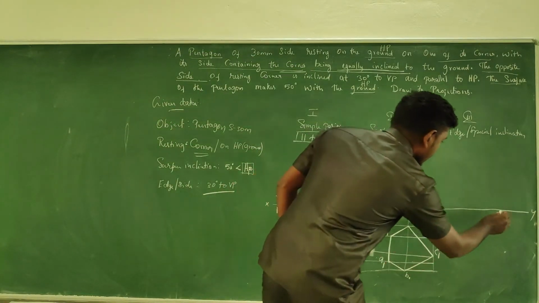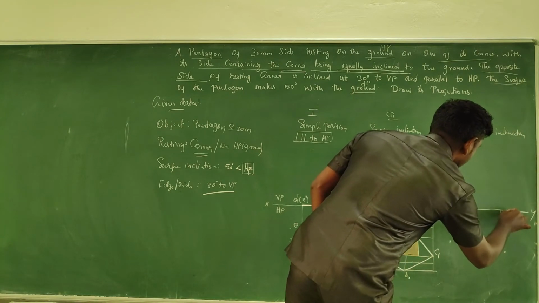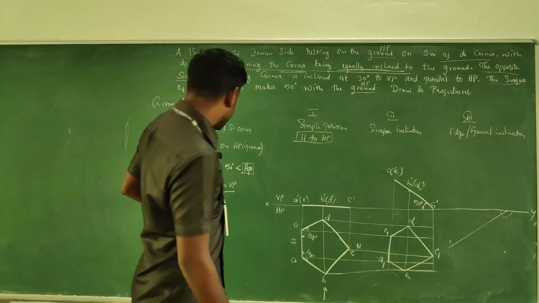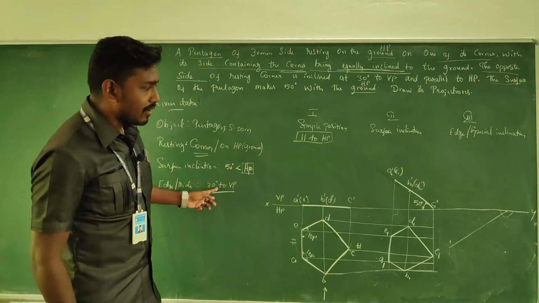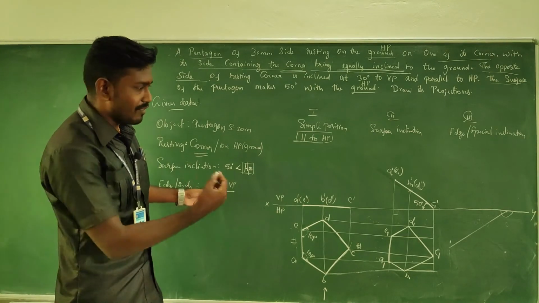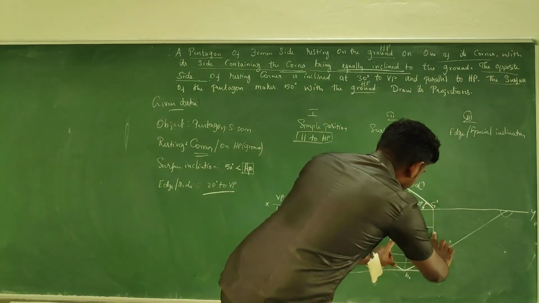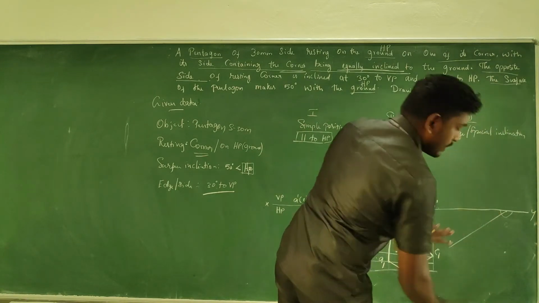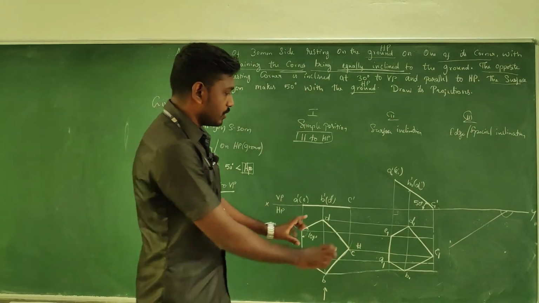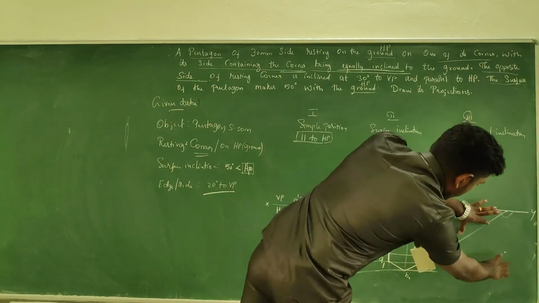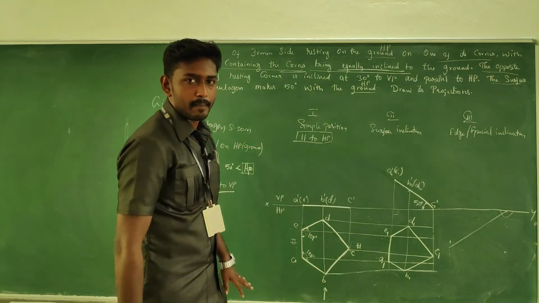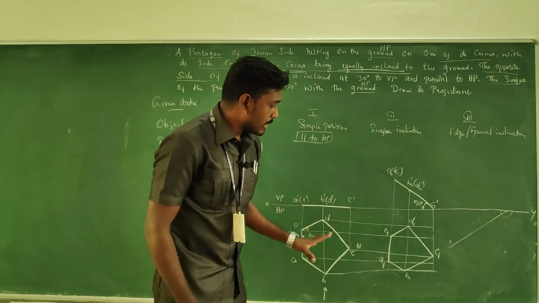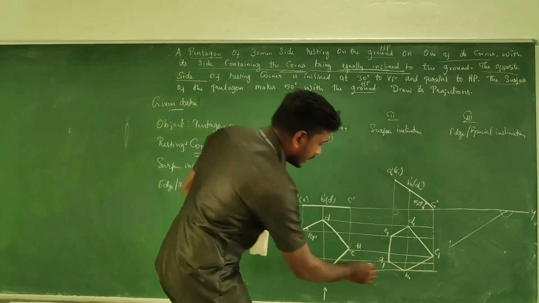So for that, choose any point on the XY line and have an inclination of 30 degrees by measuring with your protractor. Have a line, and we are going to place the same image over the inclined line, right? Just pick the object and place it over the inclined line. So in order to take the trace, I am going to give the names.